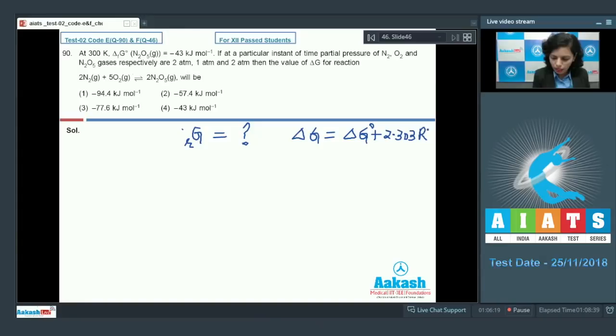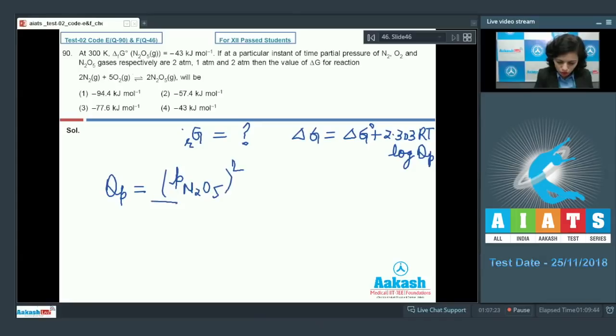2.303 RT log QP. Now this QP is the reaction quotient. Let's find out the reaction quotient for this. It is the pressure of N2O5 raised to the power 2 divided by the pressure of nitrogen raised to the power 2 and the pressure of oxygen raised to the power 5.